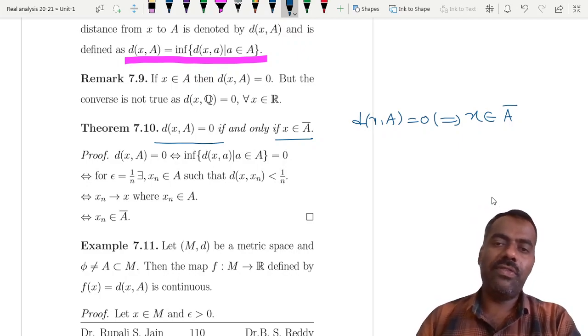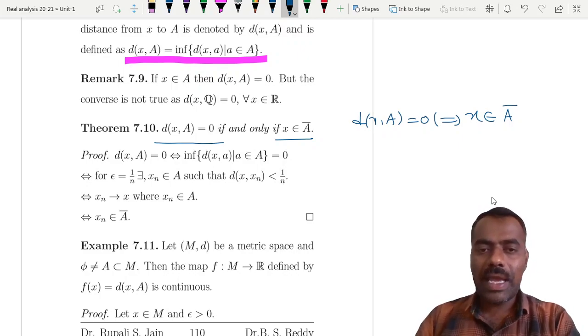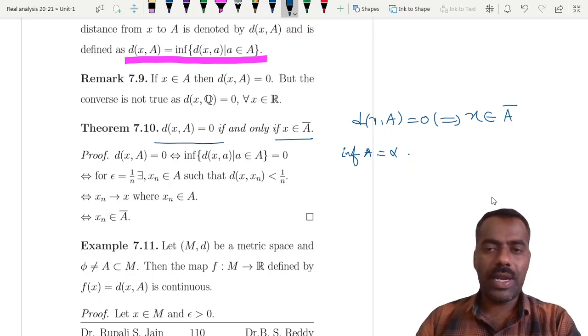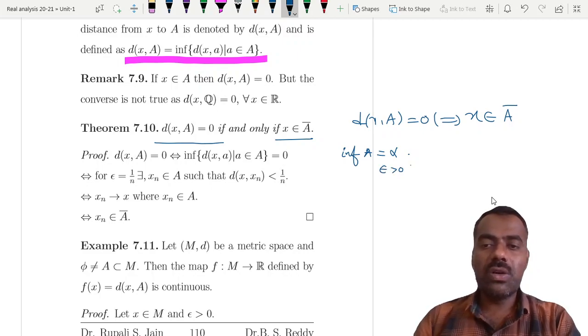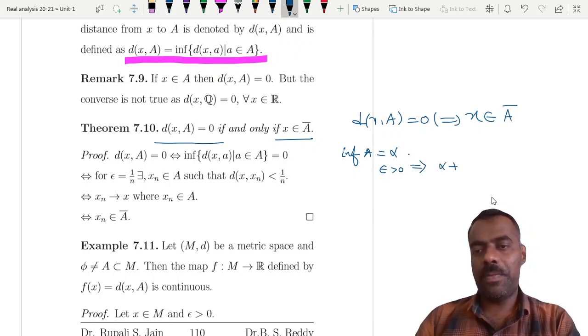Okay, and the proof is not at all difficult. It is only about understanding what is meant by the infimum of some set. The infimum of some set A is alpha, which means the greatest lower bound. So if you take any epsilon greater than 0, alpha plus epsilon is no more a lower bound.